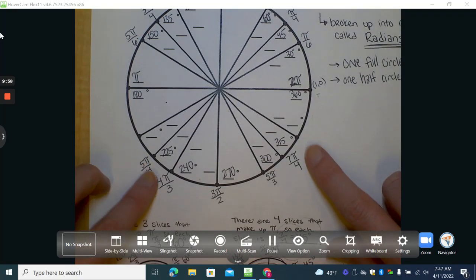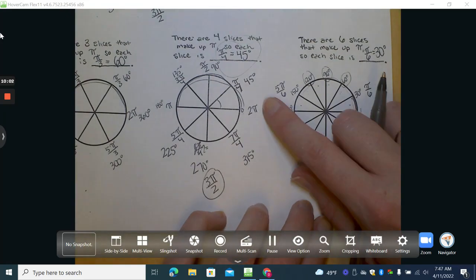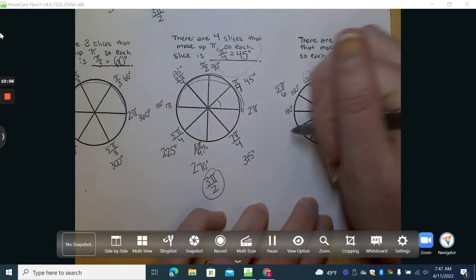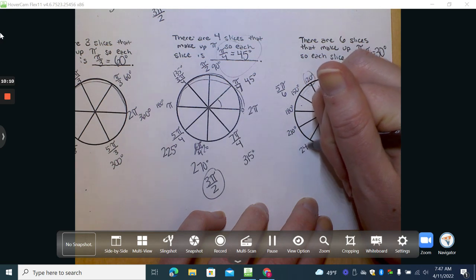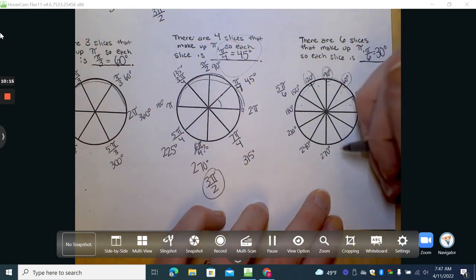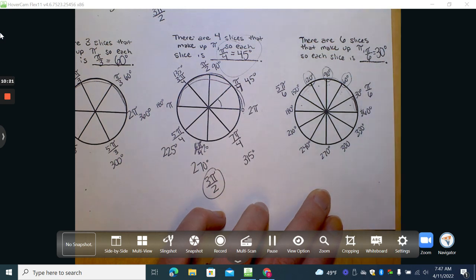My last two spots on the bottom of the circle, if I keep going around 180 degrees, I'm going to get 210 degrees, 240 degrees, 270 degrees, 300, 330, and then we're back at 360.